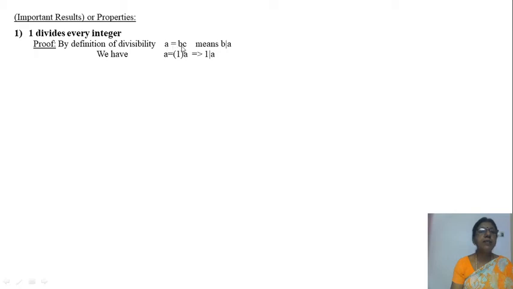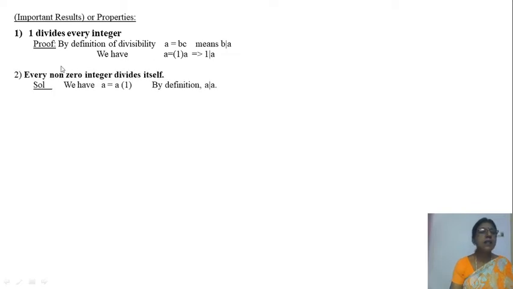If a is equal to b into some integer, then we say b divides a. Now we write a as 1 into a. Compare this with the definition of divisibility. Here b divides a. From this equation we say 1 divides a, which is the required result.